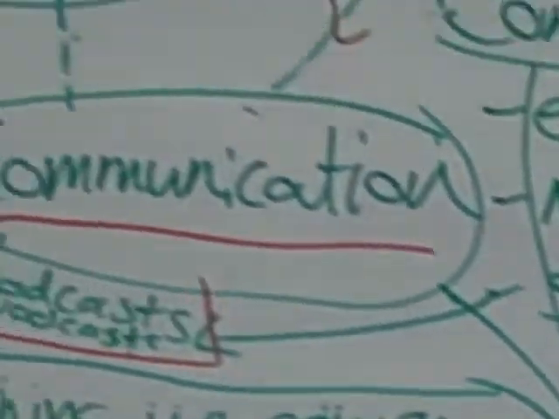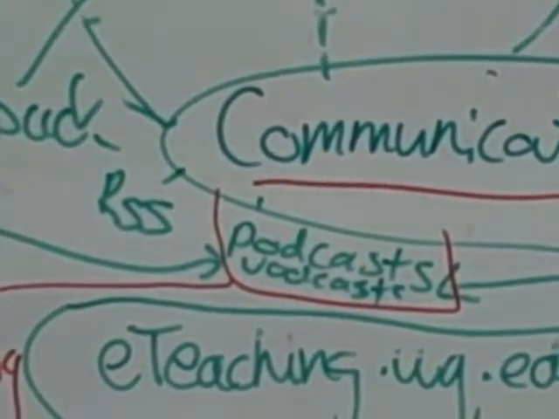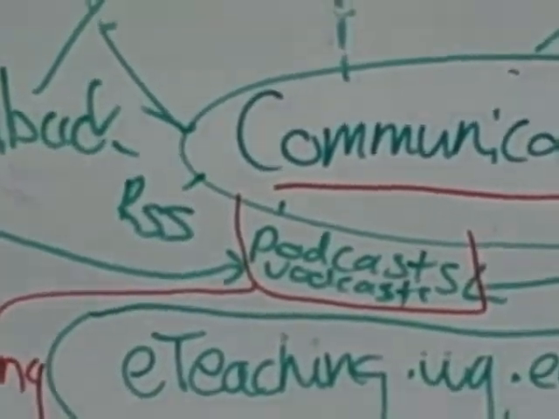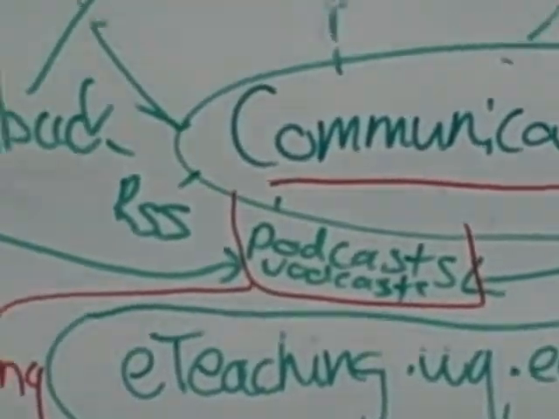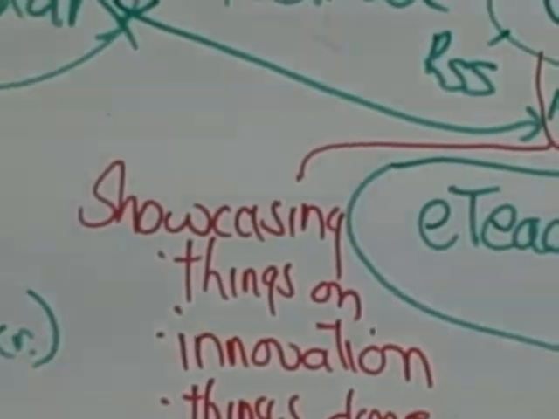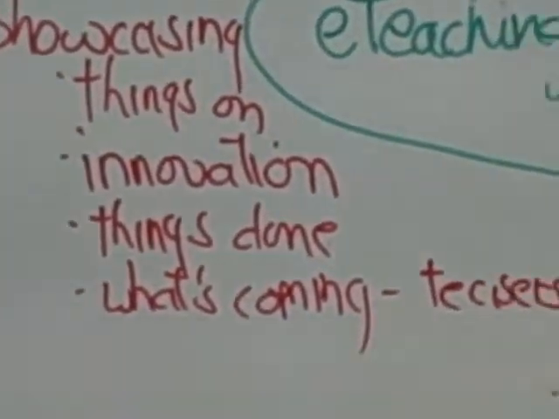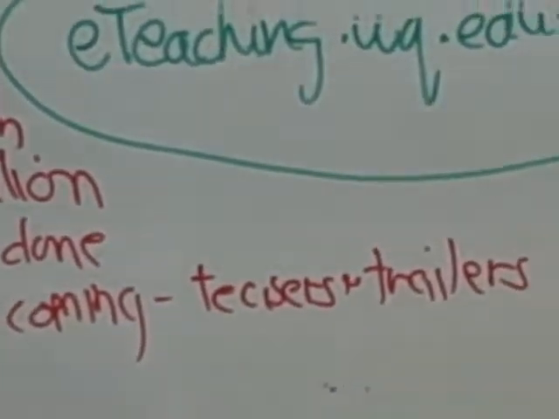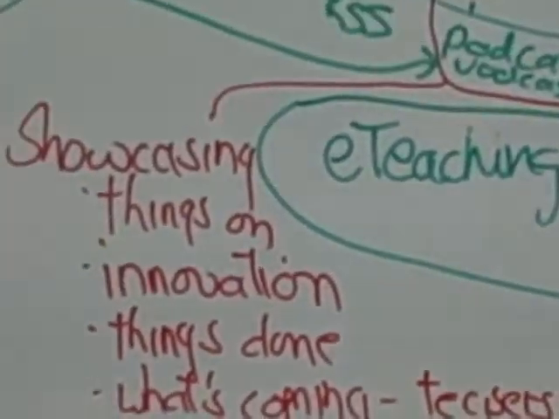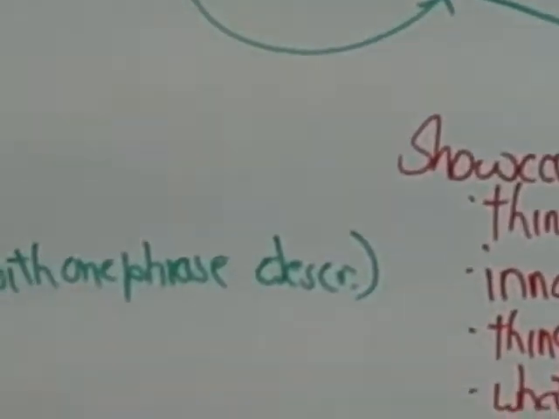So then moving across, we've got communication, things like podcasts, vodcasts, the ability for people to do RSS feeds, and we would showcase these things on innovation, things that we've done, who's coming, teasers and trailers and so forth. So things to get people hooked into the site and wanting to come back.